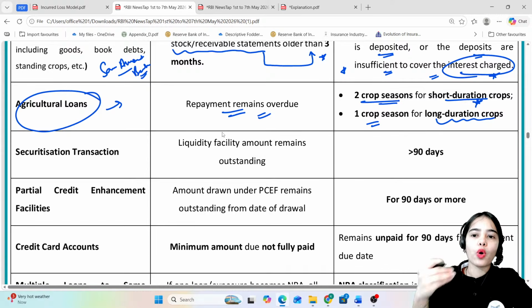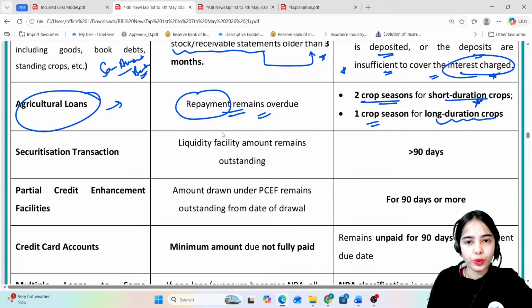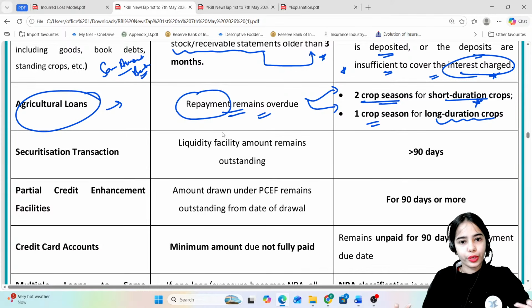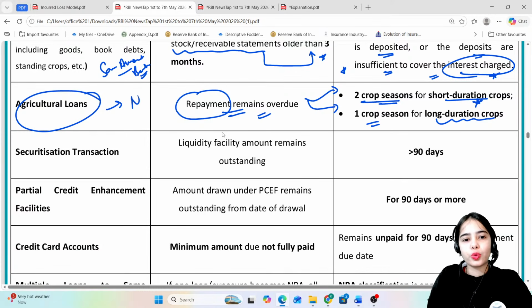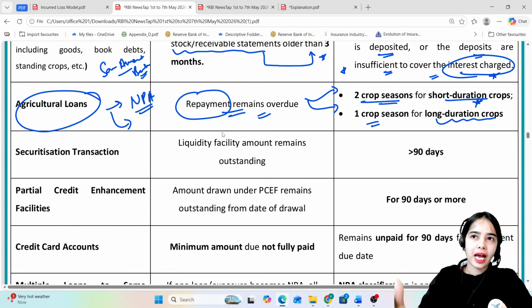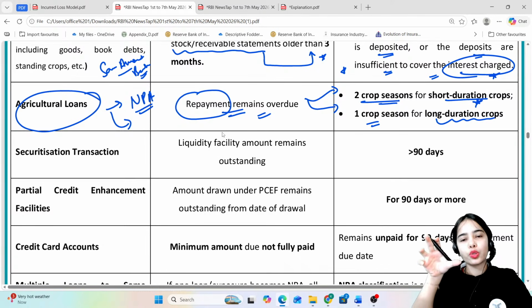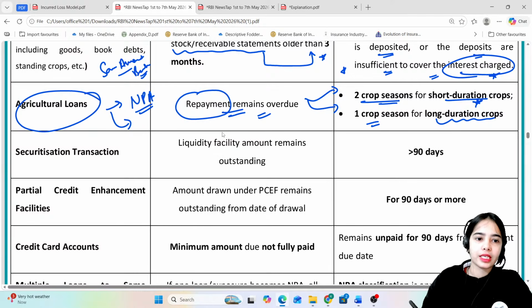The NPA is according to the crop seasons. Because in this case repayment is possible only after the harvesting, the crop seasons are used to recognize the NPA.